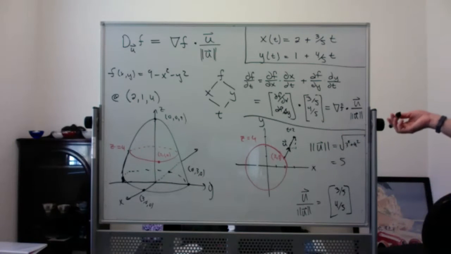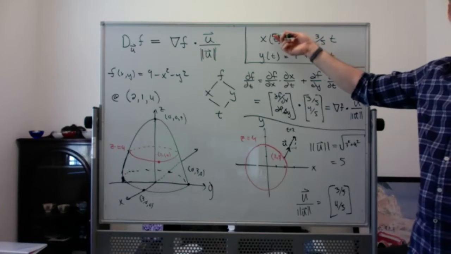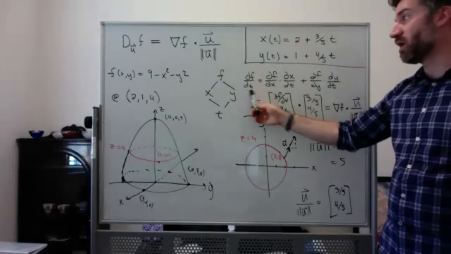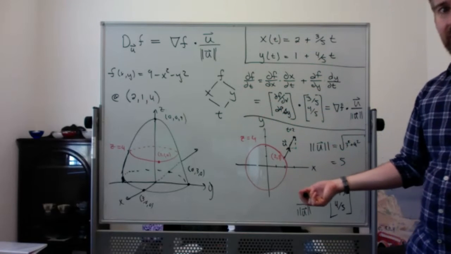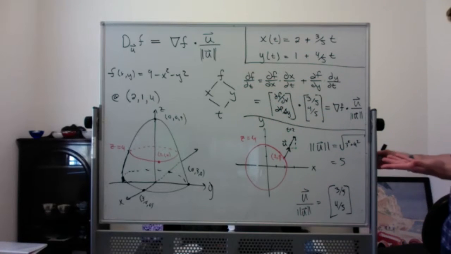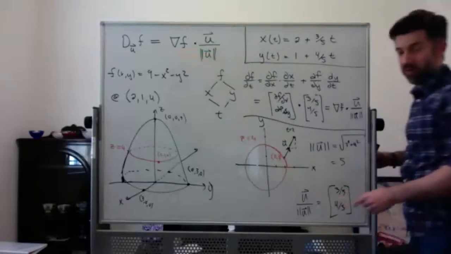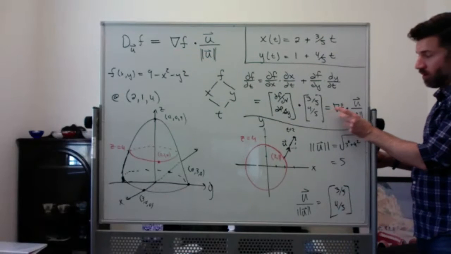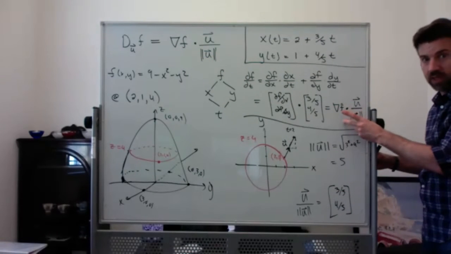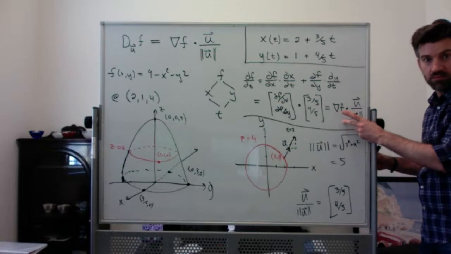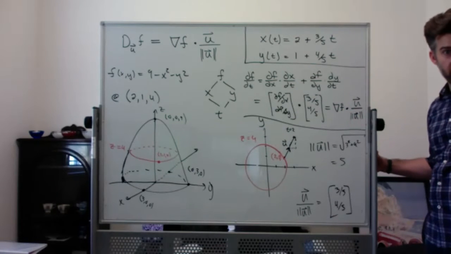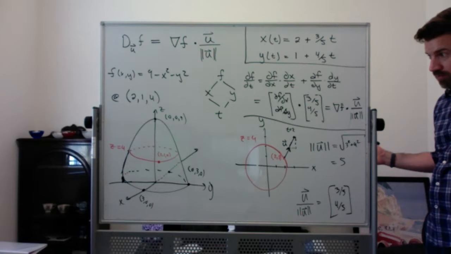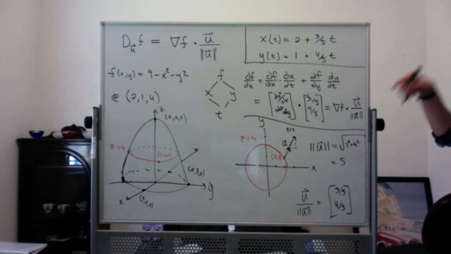We let x and y be functions of t, and then we just found the derivative of f with respect to t in the usual way. And we exactly ended up getting the thing we said was going to be the directional derivative: the gradient of f dotted with the direction that we are traveling in. And so this is the formula for the directional derivative. It's great.